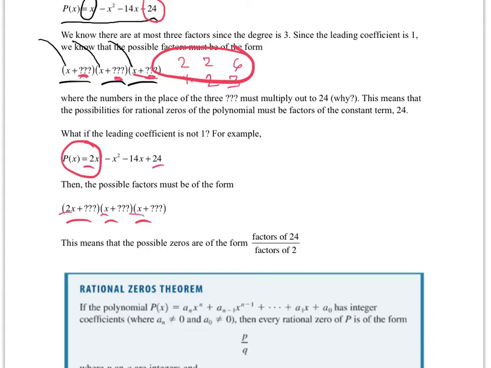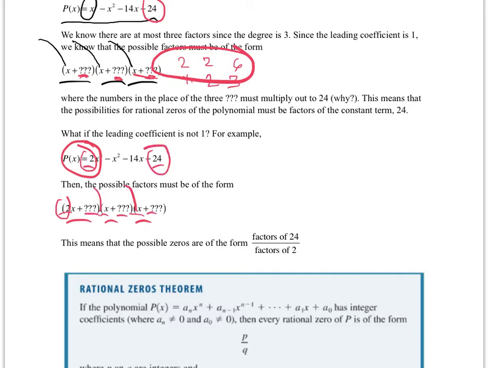And if the leading coefficient was a different number, like 6, for example, then you would have other possibilities for what the leading coefficients could be in these 3 factors. But again, the 24 would have to be factored into these 3.